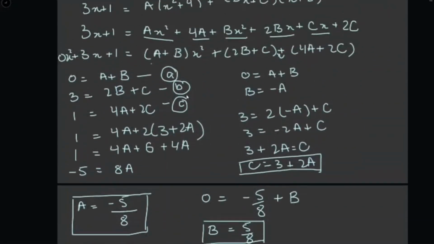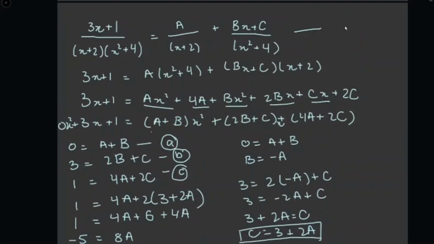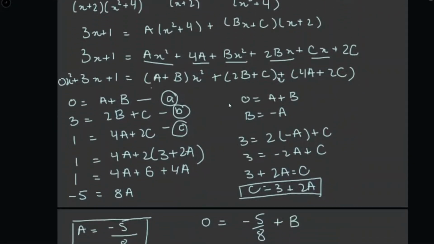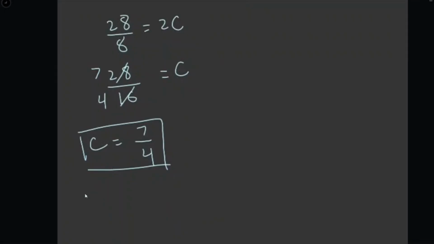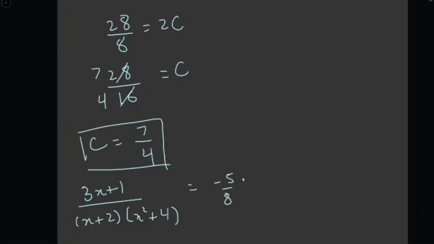Now we will just take these values and substitute them in this equation that we made. Now let's just substitute them in this equation and we would get our answer. 3x plus 1. This was our original equation. The value of a was minus 5 over 8.